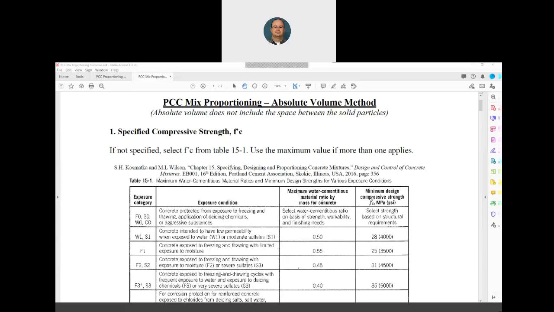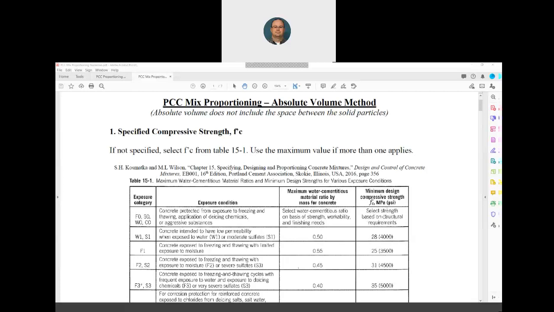If you read here, maximum water cementitious material ratio, water cement ratio: select water cement ratio on the basis of strength, workability, and finishing needs. Minimum design compressive strength: select strength based on structural requirements.